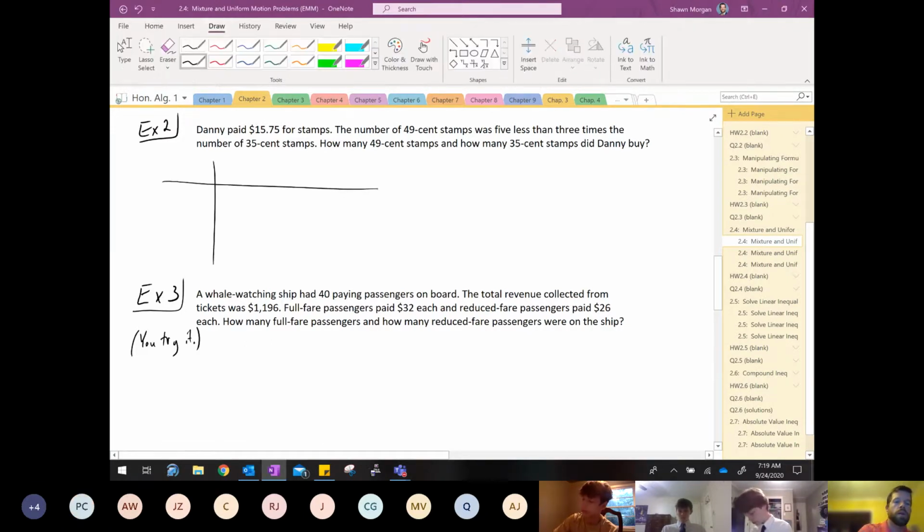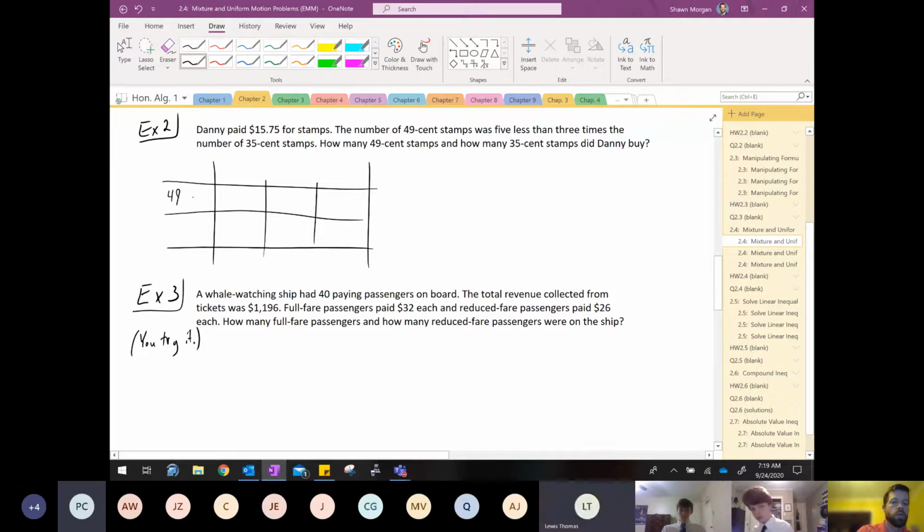And remind me, Lewis, what goes on the top of that chart? What's sort of operating in our background here? Is it like rate and like quantity? Okay, so good. We got rate. We got quantity. What else? Total. Beautiful. Total.